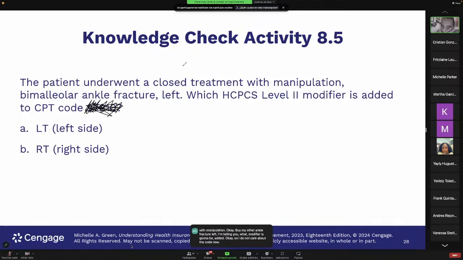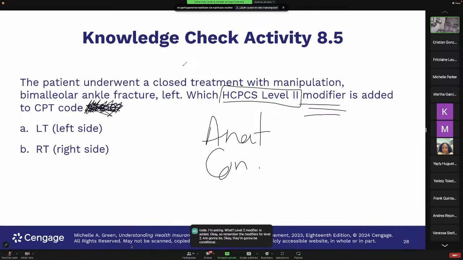I'm asking what level 2 modifier is added. So remember, the modifiers for level 2 are going to be anatomical, or they're going to be conditional, or they're going to be anything extra.